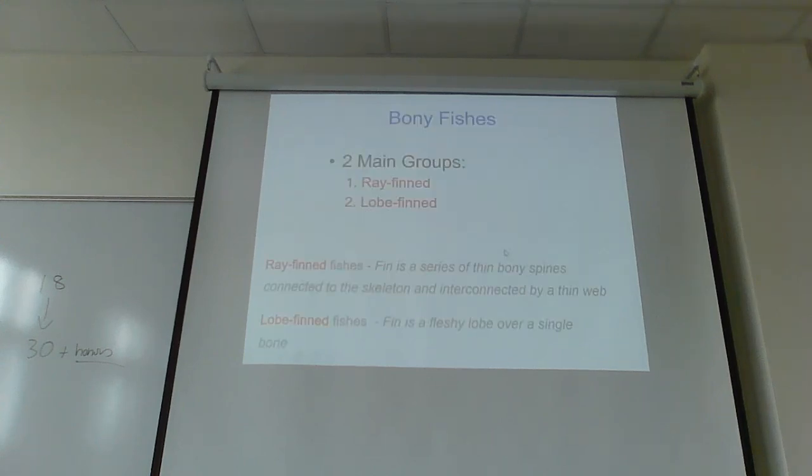And now, regarding bony fishes, as I told you, we have to talk about two groups, ray fin and lobe fin. So the word says it all. These two types of fins are slightly different.